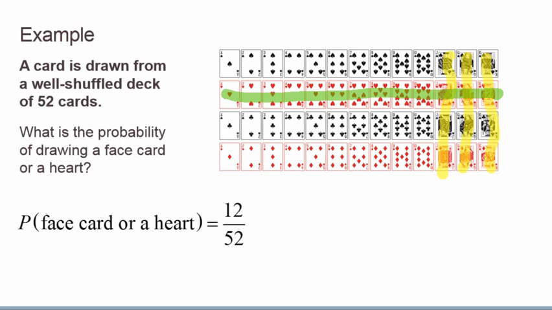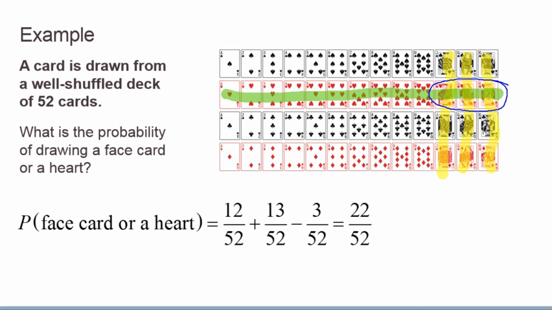We add to that the probability of a heart, which is 13 out of 52. Now notice that we have 3 cards, the Jack of Hearts, the Queen of Hearts, the King of Hearts, that were counted both times. So we need to subtract our overlap, which is 3 over 52. That gives us a total of 22 divided by 52. Reduced is 11 divided by 26. Or in decimal form, 0.4231.